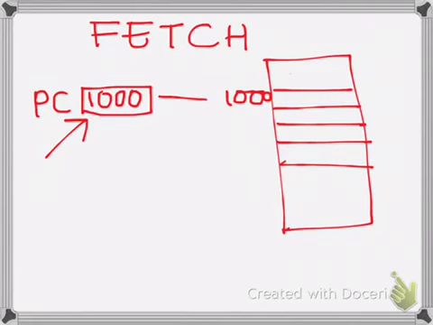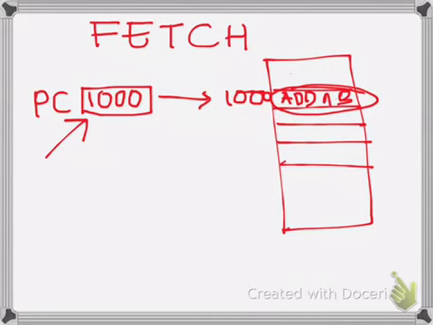You go to memory, to whatever address is in the program counter. Take whatever is there in address 1000. Let's say it contains an instruction, say add A B, something like this.